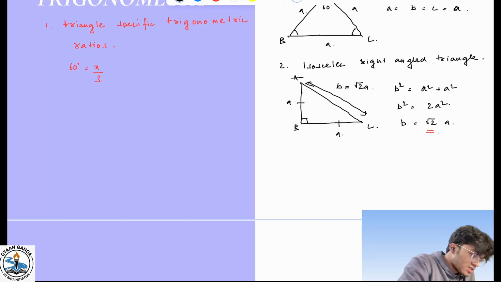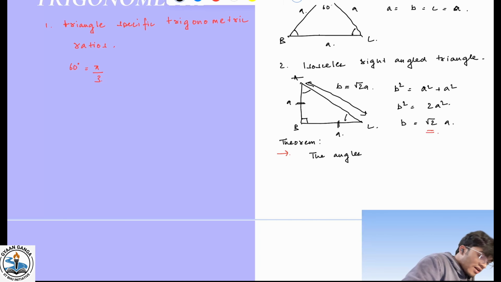Now in a triangle, the sum of the three angles is 180 degree, and consequently another theorem that I want to establish here is that the angles opposite to equal sides are equal.